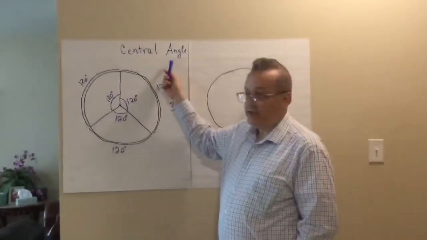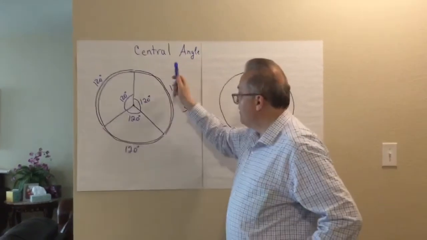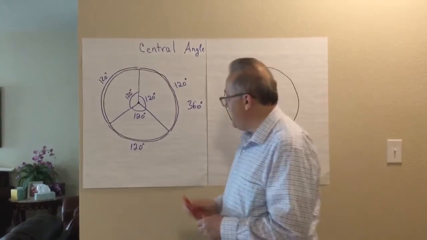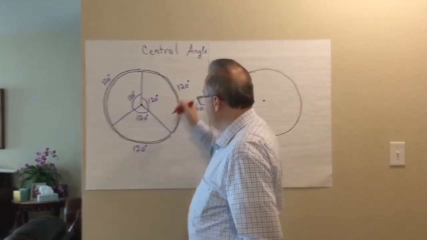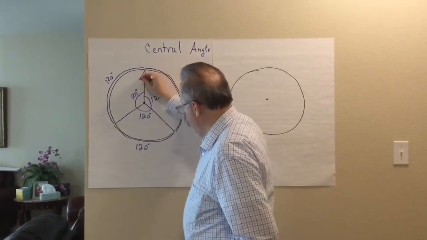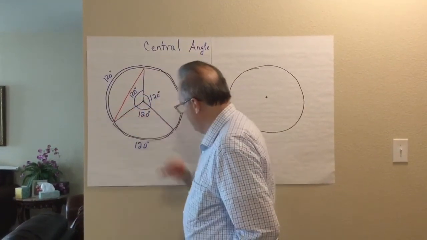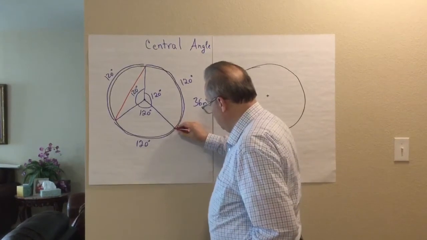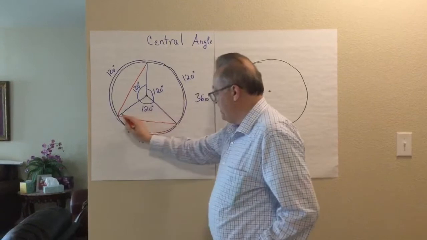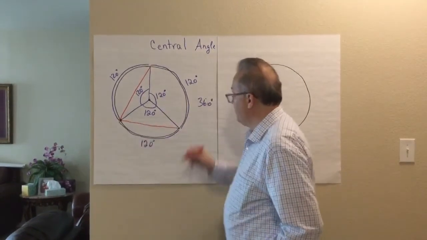So far we've been talking about the central angle. The vertex is in the center. Well, with red, I am going to have another angle that does not meet in the center, but it meets on the circumference.